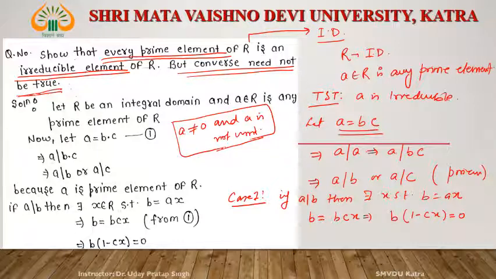Since R is an integral domain, either b equals 0 or 1 minus cx equals 0. Now b is not 0, since if b is 0, then a equals bc equals 0, and we know that a is not 0. So 1 minus cx is 0, so cx equals 1. Cx equal to 1 means c is a unit. That is, if a divides b, then c is a unit.